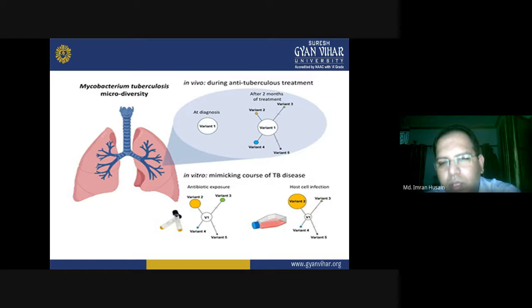In vitro, mimicking the course of TB disease, antibiotic exposure of variant 2, variant 3, variant 4 and variant 5 leads towards host cell infection, variant 2 and variant 3, and variant 4 and variant 5.